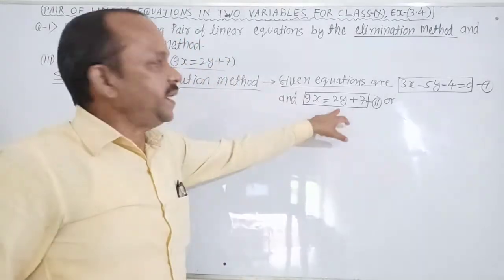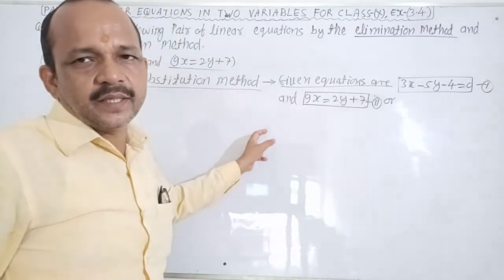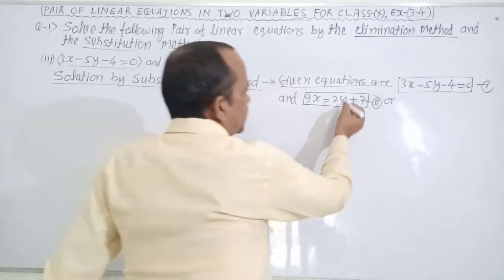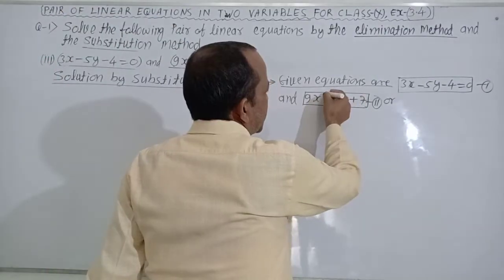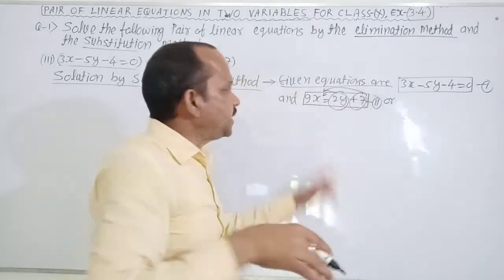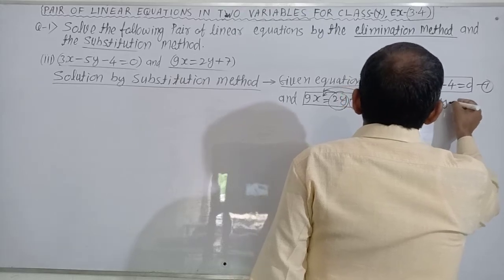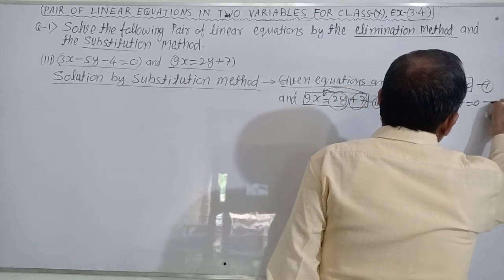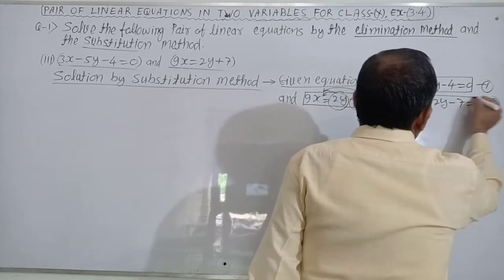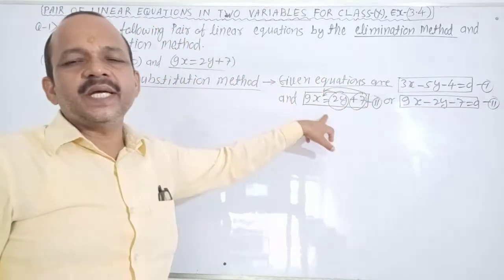Here 2y and here 7, you can write them on the left side of equal. It becomes 9x minus 2y minus 7 equal to 0. Equation second. It is clear, no confusion about it.